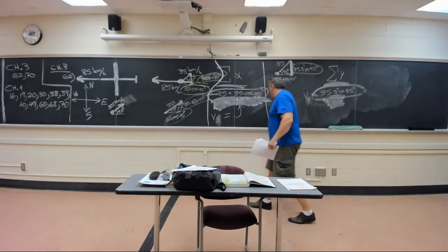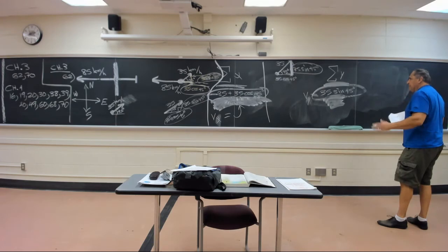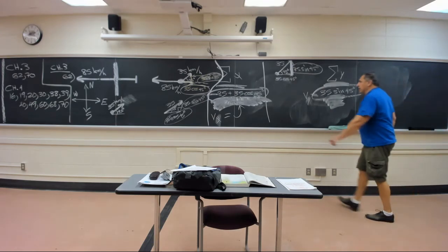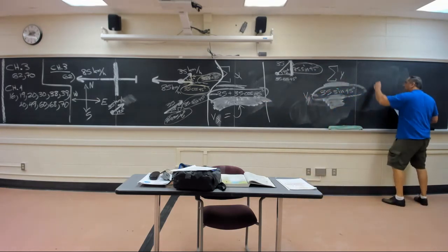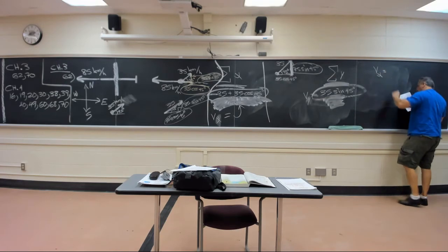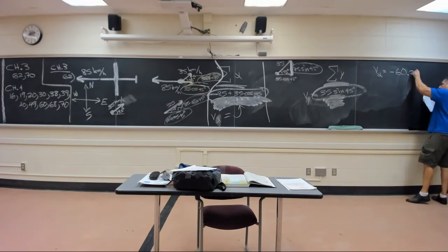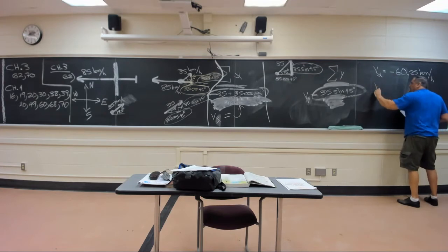This is the x component. That's the y component, and you proceed from there. When you do all the addition, you're going to get v sub x is negative 60.25 kilometers per hour. V sub y, grind this thing out.